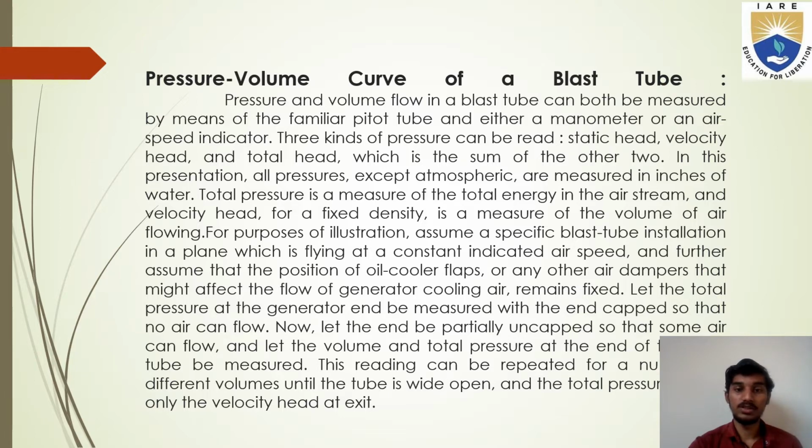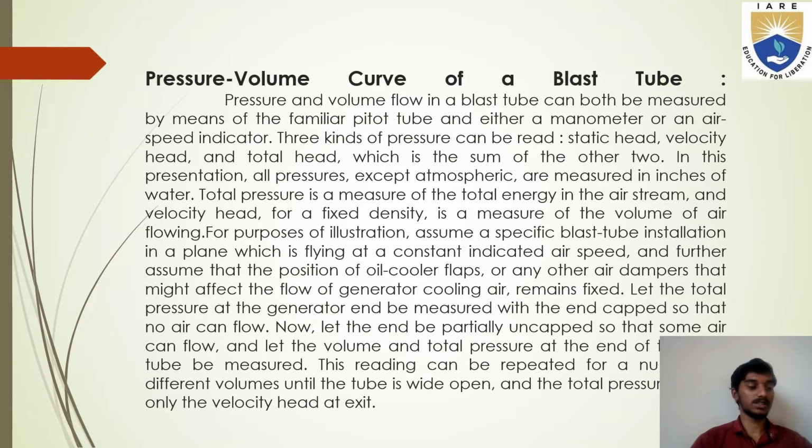For purposes of illustration, assume a specific blast tube installation in a plane which is flying at a constant indicated airspeed, and further assume that the position of the air cooler flaps, or any other air dampers that might affect the flow of generator cooling air, remains fixed.